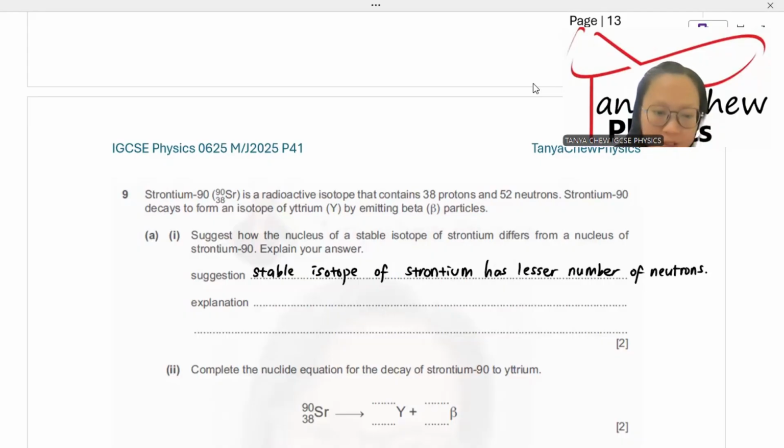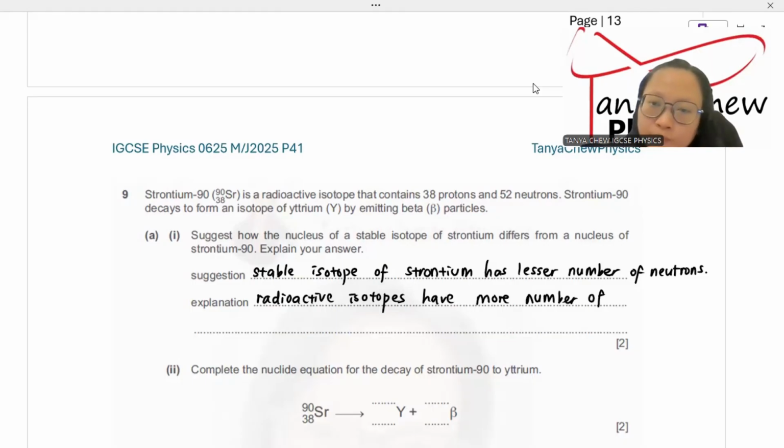The explanation is because the radioactive isotope has more neutrons and is readily to undergo the decay process.